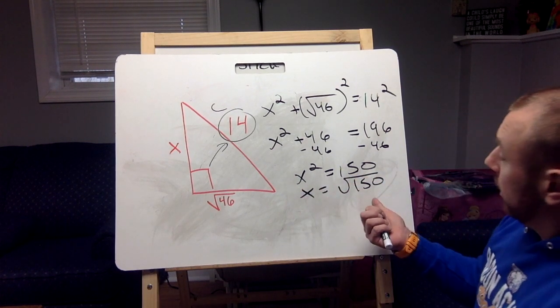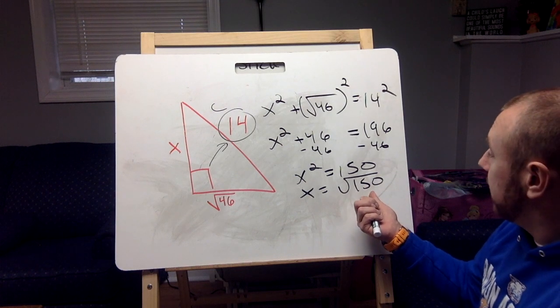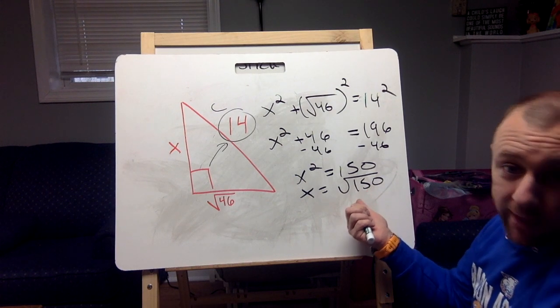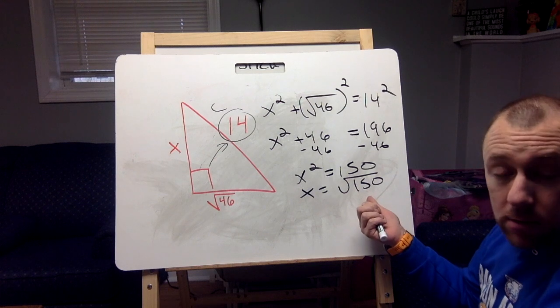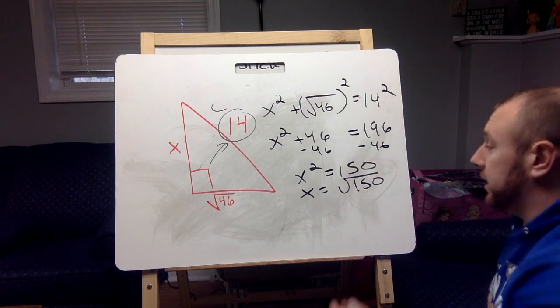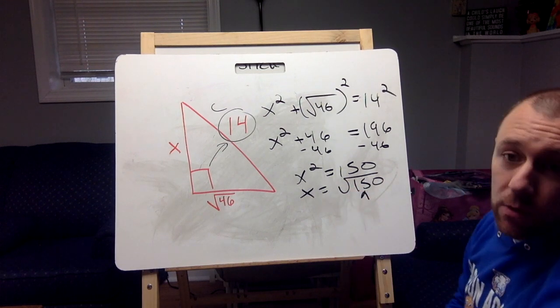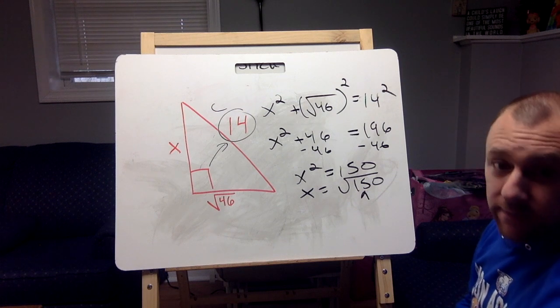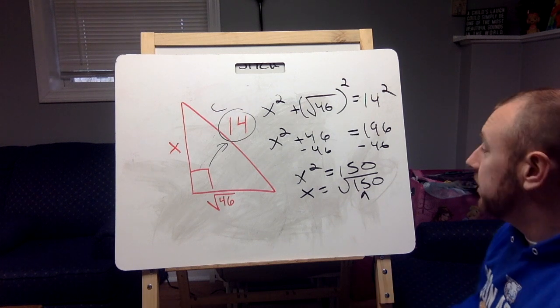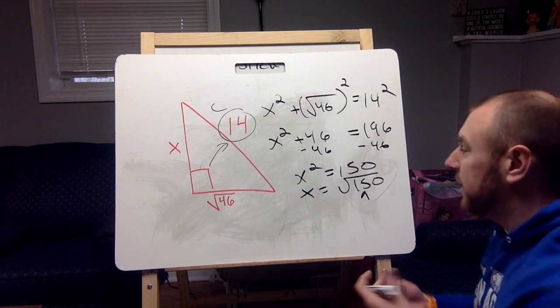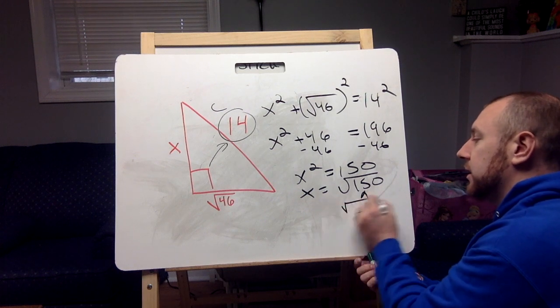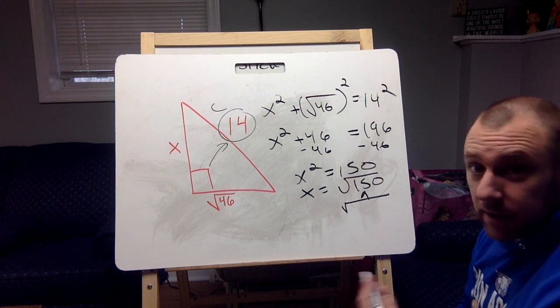Now, I could get a decimal for this. It's going to be 12 point something, but that's not what I want. What I want is you to break this down. Whenever you're dealing with 150, 175, 125, you've got to think, oh, it's 5 times something, or 25 times something, like quarters.